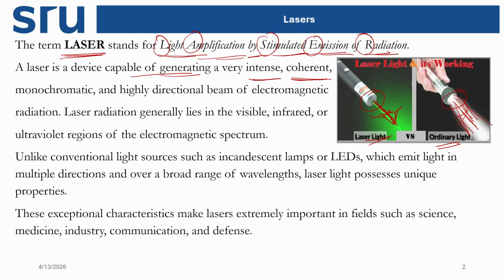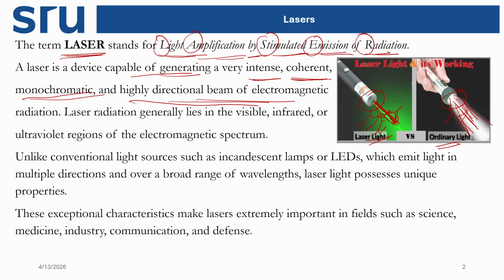It is monochromatic, meaning only one wavelength is available, and it is a highly directional beam of electromagnetic radiation, meaning always in one direction. It is not distributed over all space, whereas normal light is distributed everywhere. Normal light is not directional.